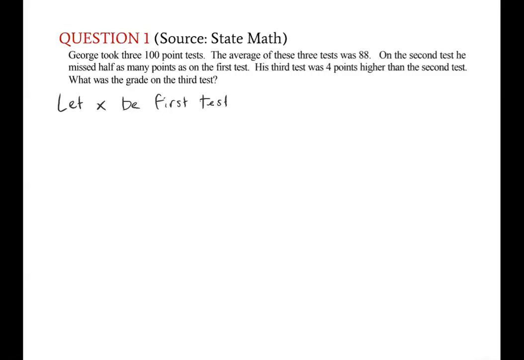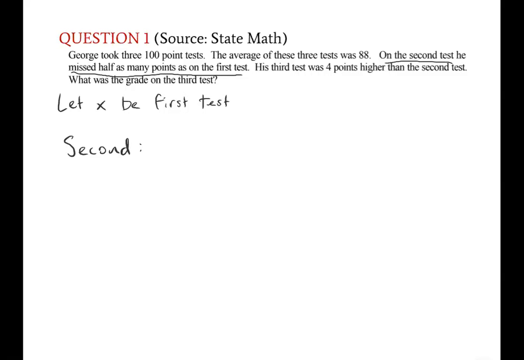So the problem states that on his second test, he missed half as many points as on his first test. Each test is out of 100 points.